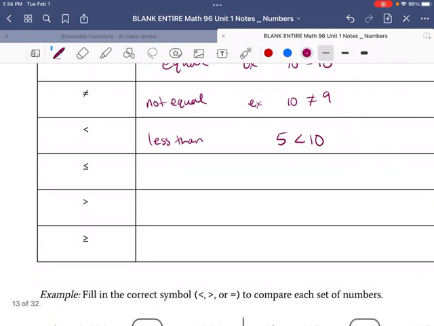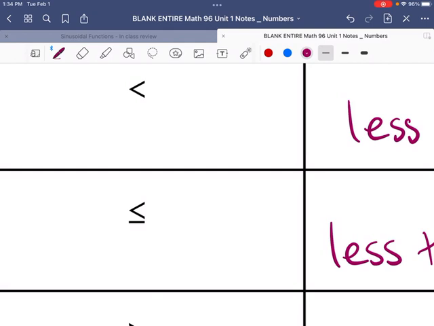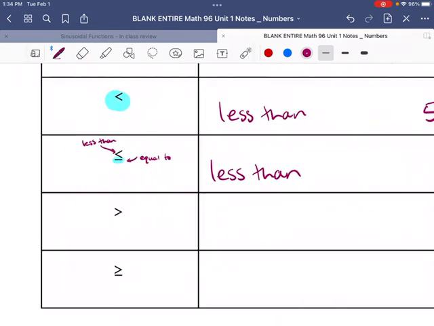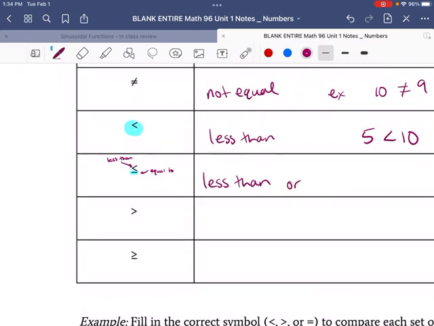This means less than or equal to. You see the difference here? This one has nothing underneath it, but in this case, there is a little line. This little line means the equal to part, and this means the less than part. So less than or equal to.